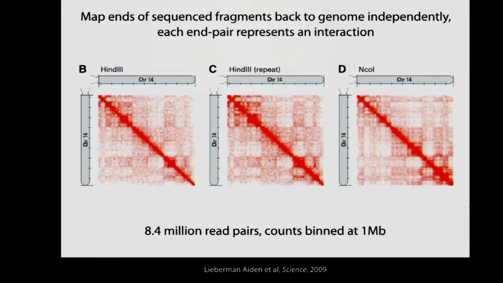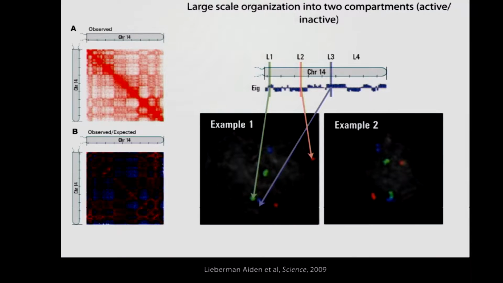So on the diagonal, those are, of course, things that are interacting either with themselves or very nearby. And then off diagonal, this is a level of interaction between this region and this region, right? So each value here is some quantity related to the amount of interaction between two regions.